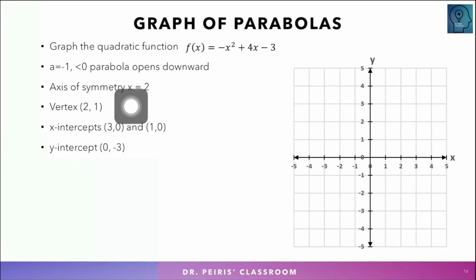So let's draw the axis of symmetry. x equals 2, right here. And the vertex is 2, 1, right here.